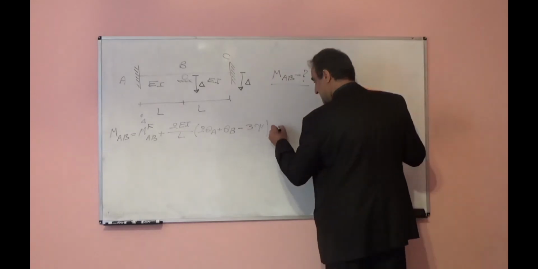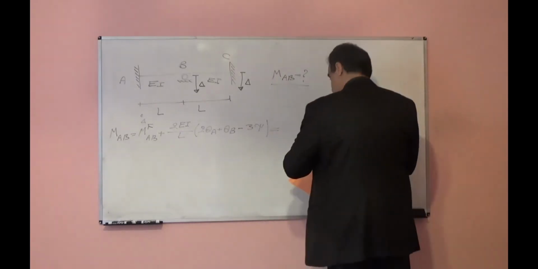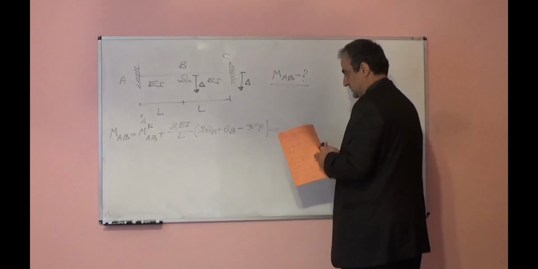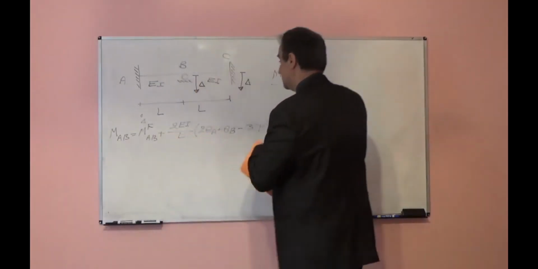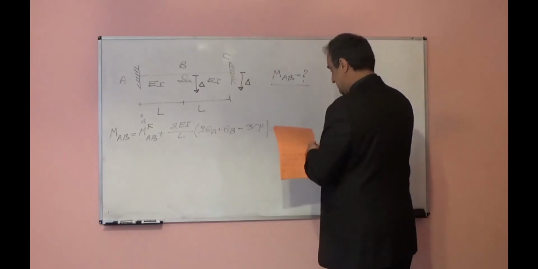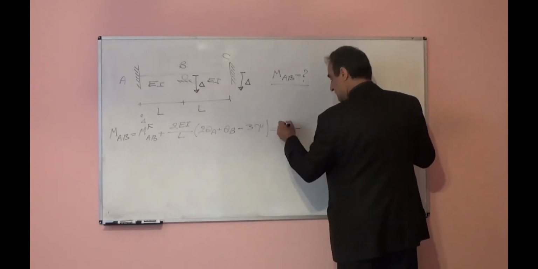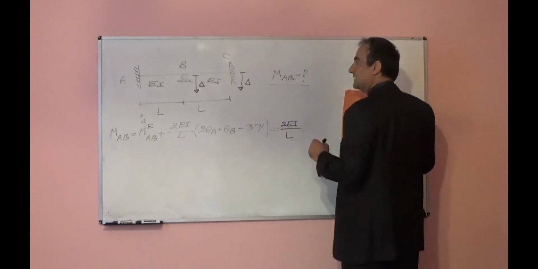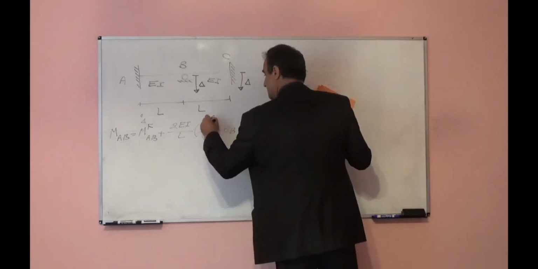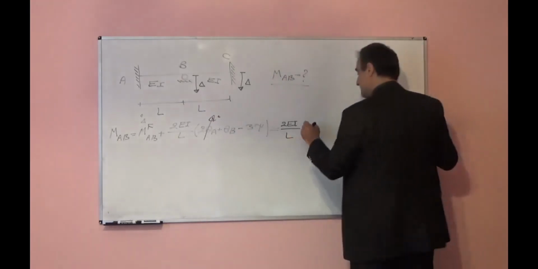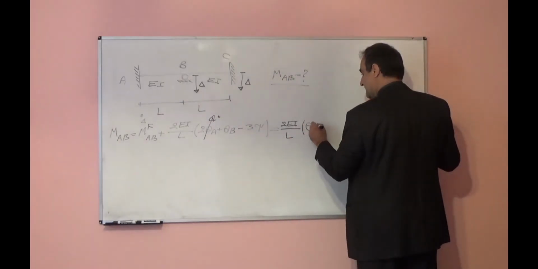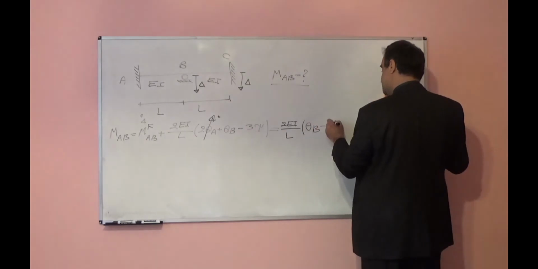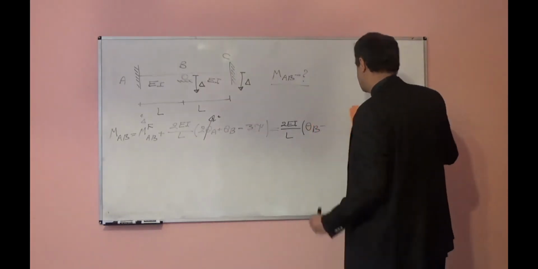So MAB is equal to 2EI over L times (2 theta A plus theta B minus 3 psi), where theta A is 0 because it is a fixed support.